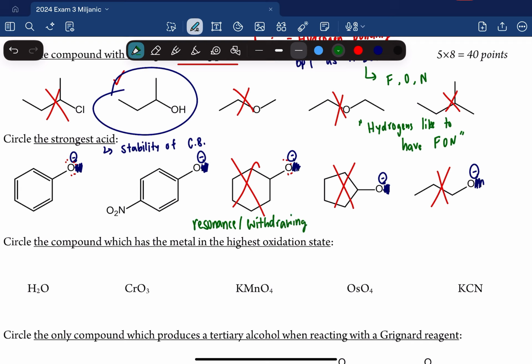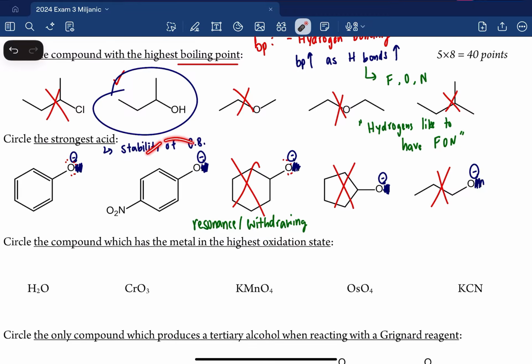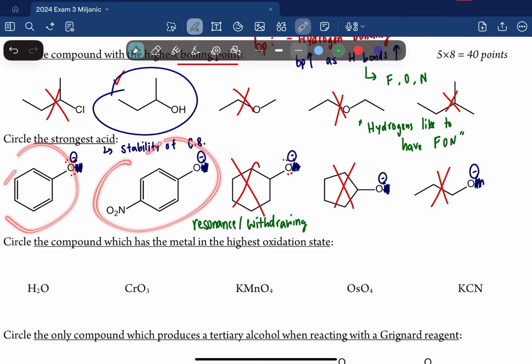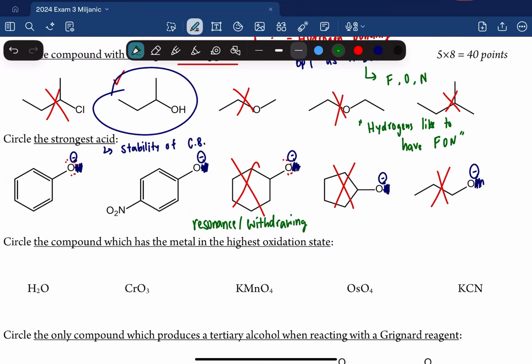Okay, so now it gets a little tricky when you're comparing this compound here to this compound here. So what you need to imagine is if you could resonate the lone pair more, let's do that right here. So if you can resonate this lone pair more, that's more stable.